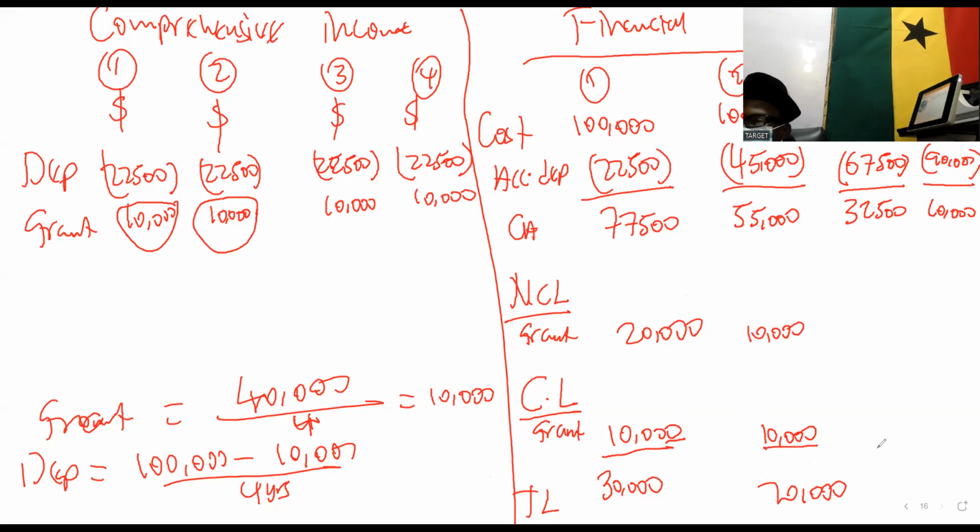Then at the end of year 3, we have released three of the 10,000s, and that gives us 30,000. So at the end of the day, the total liability left is 10,000. That is the one we have to release next year, and the rest is dash.